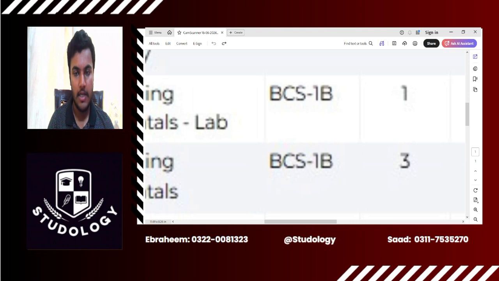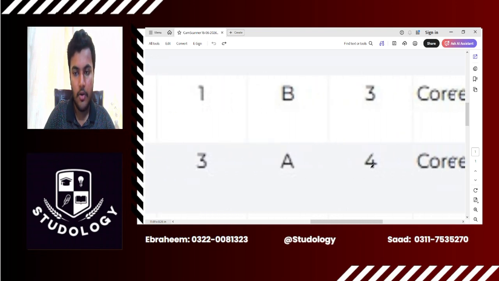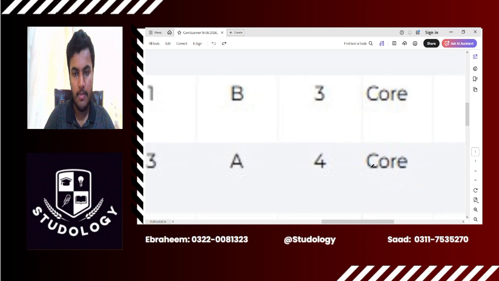For example, a subject with one credit hour will contribute about 33% in your GPA, but if we have a course of 3 credit hours, it will contribute 100%. I'm just telling this so you know that the more the credit hours, the higher the impact on the GPA. So in Programming Fundamentals, I got an A grade, which gives me a 4 GPA in this subject.